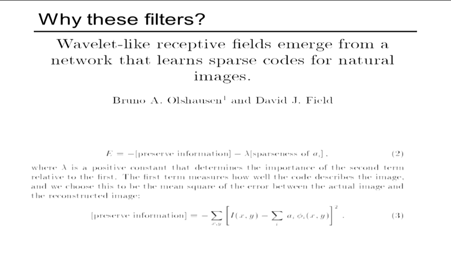Usually you have only a few active cells firing. You have a couple of cells firing, and all the others are staying silent. So what does that mean? It means sparsity. It means that in this representation, the alpha vector is sparse.